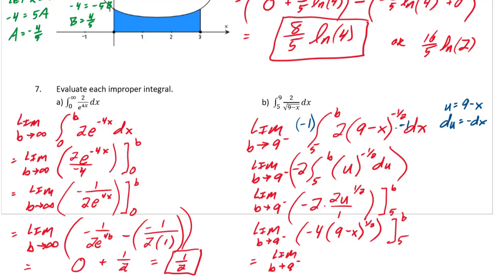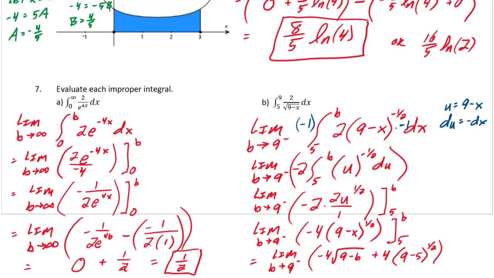So I've got the 9 still from the left that I'm approaching. I've got negative 4 multiplied by 9 take away b inside of a square root, so negative 4 square root of 9 minus b. And it would be minus a negative, so that would switch to addition of 4 times 9 take away 5 to the 1/2, and then simplify.